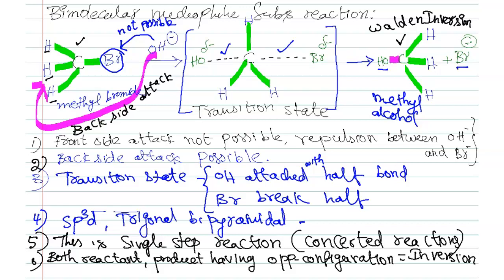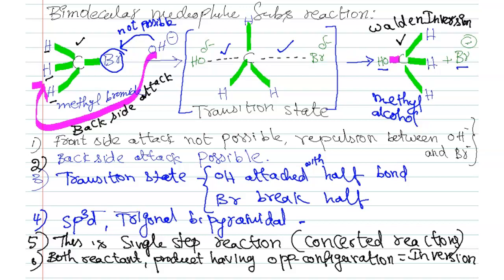Then OH minus will attack on the back side of the carbon because hydrogens are very small groups. Because of smaller groups, it can attack easily. Suppose instead of hydrogens, if bulkier groups are present, attacking will be difficult. So backside attack is possible because hydrogens are smaller groups.